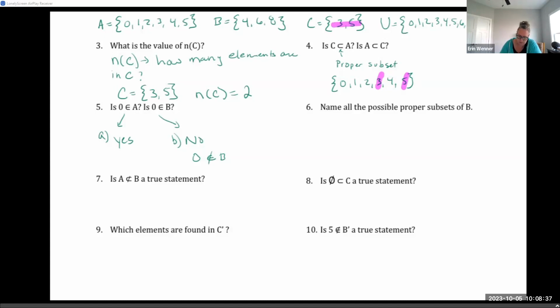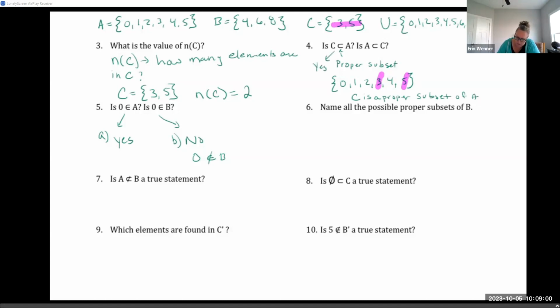So what that tells us is that C is a proper subset of A. But we can't go the other direction. If we look at the second statement, so again, is C a proper subset of A? Yes.